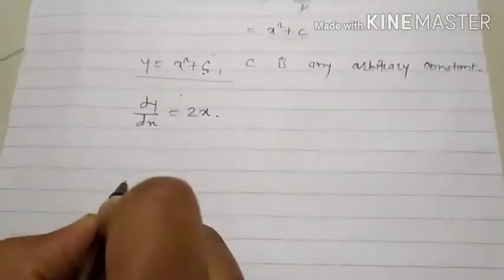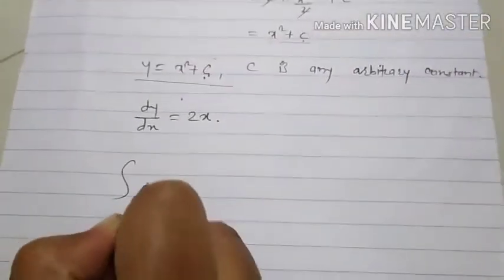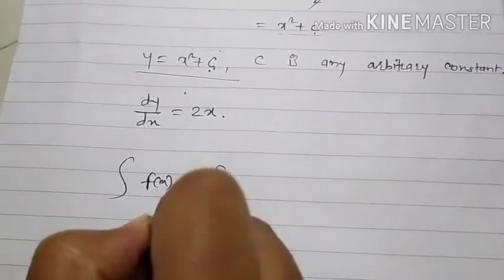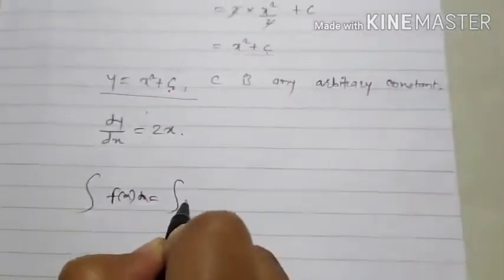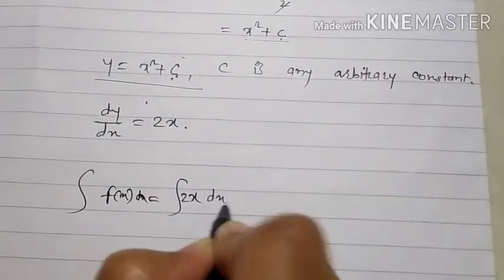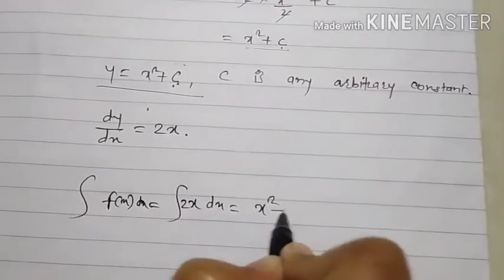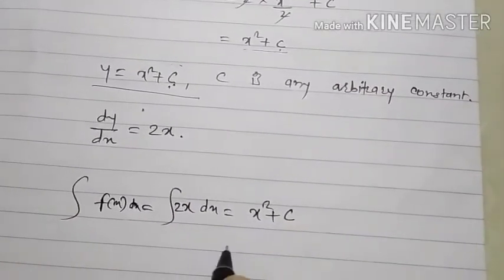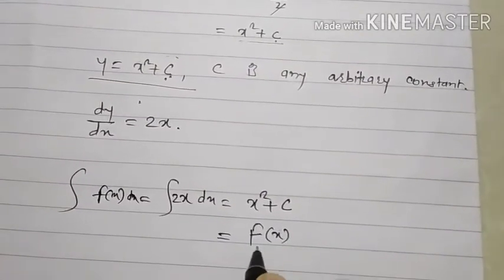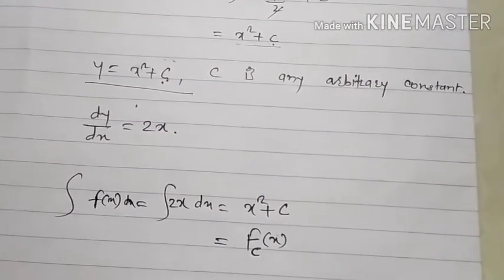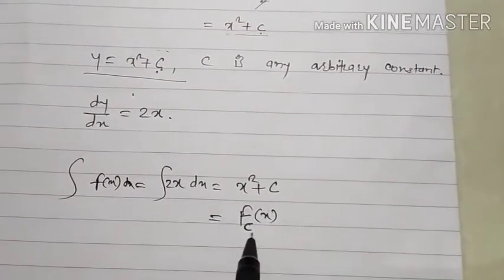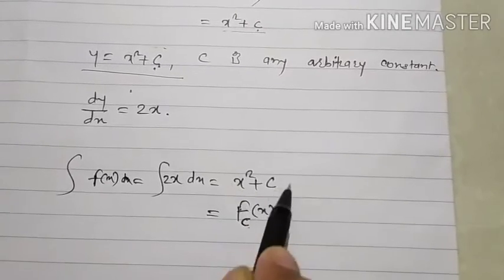Thus, the integral of f of x dx, that is the integral of 2x dx, is equal to x square plus c. We will consider it as a function of x with a constant c, because as we change the value of c, the curve will change.